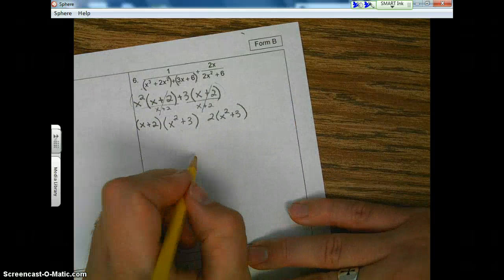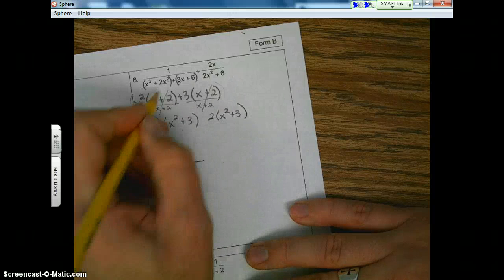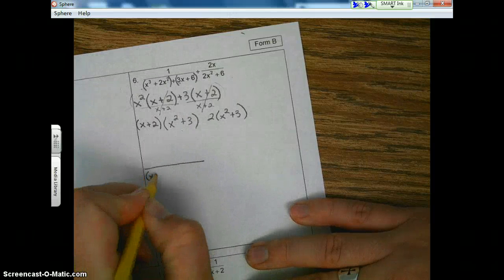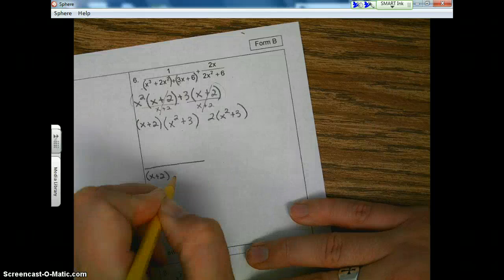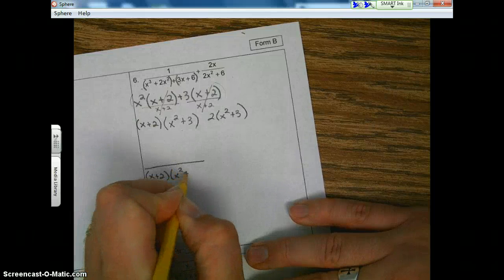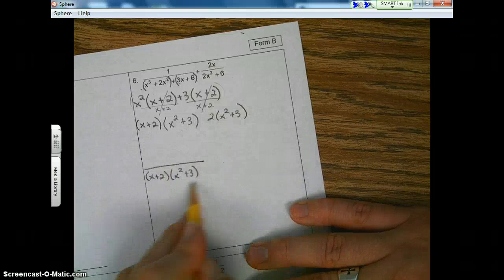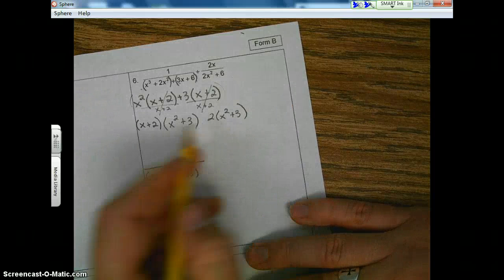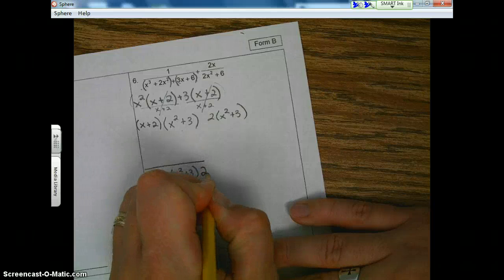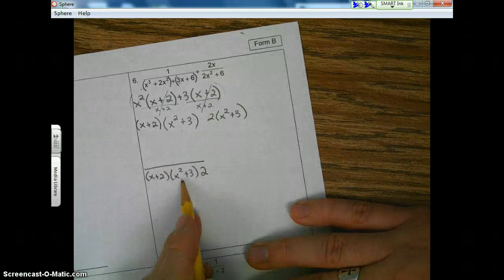Okay, get a common denominator. So on this side, I'm going to need an x plus 2. I'm going to need an x squared plus 3. Does this have anything that this needs? It needs a 2. We already have an x squared plus 3.